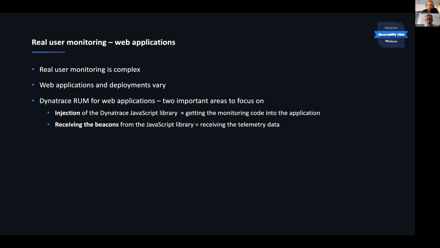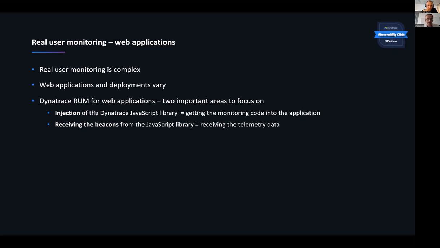But automatic injection is better for several reasons. For details, you can go to the Dynatrace help page, where there are pretty good comparisons of the injection types. But I always recommend using automatic injection where possible.